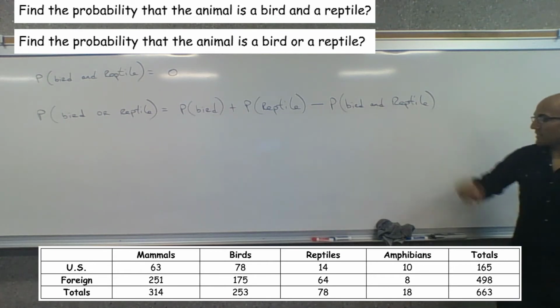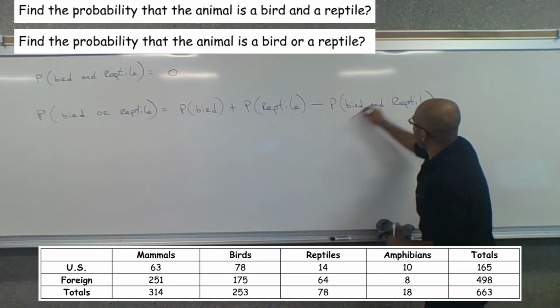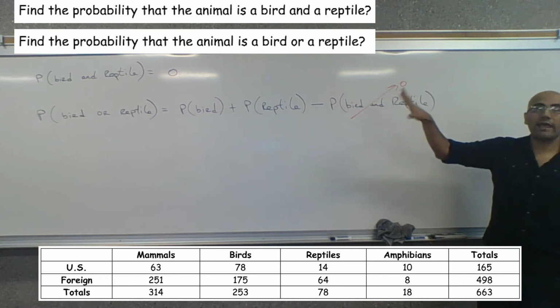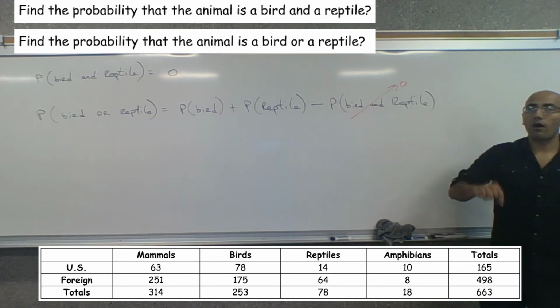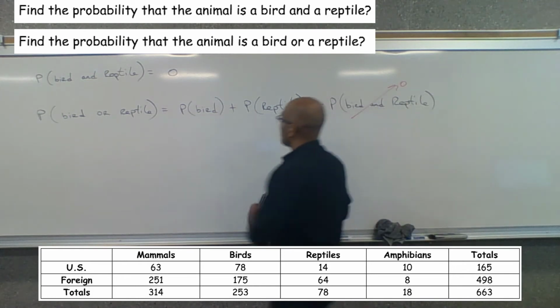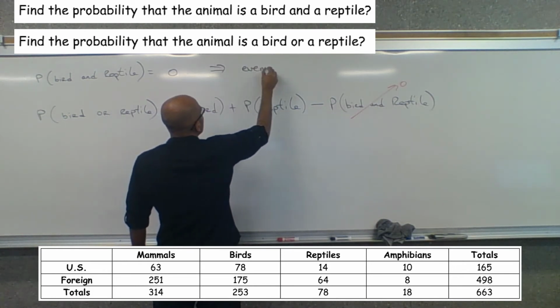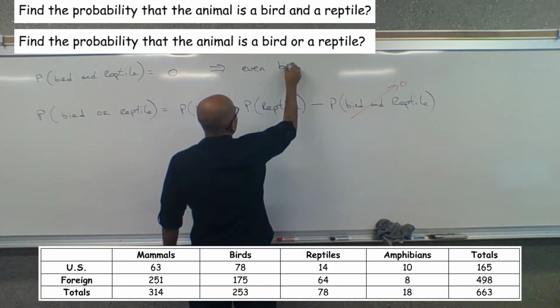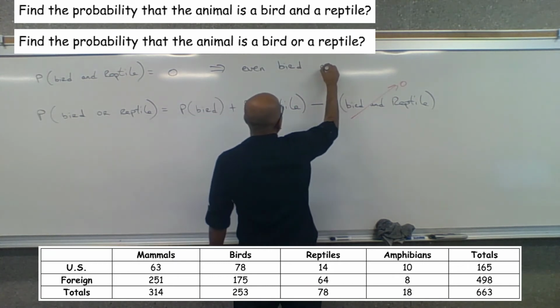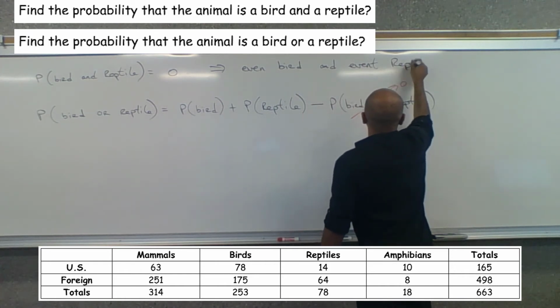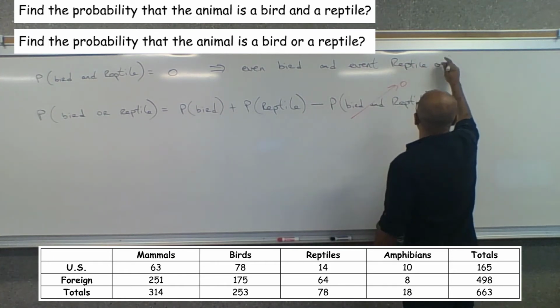And as we just saw a second ago, that's 0. That means that the event it's a bird and the event it's a reptile are disjoint. So this leads us to conclude that event bird and event reptile are disjoint.